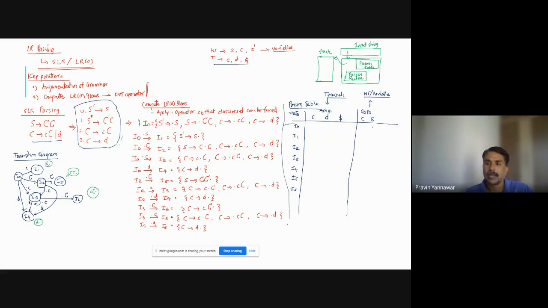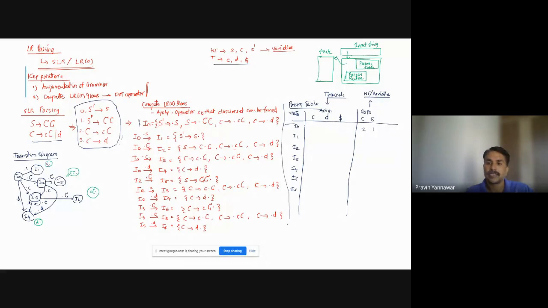So I0 with the variable goes to set one. Then I0 with capital C will go to two. I0 with small c will go to I3.